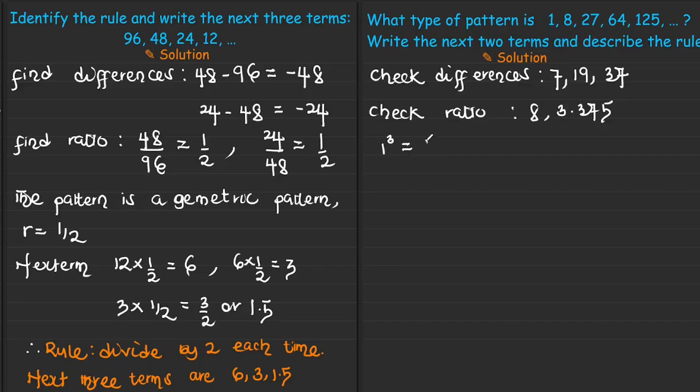And 1 cube gives us a 1. What of 2 cube? 2 cube on the other hand gives us what? An 8. What of 3 cube? 3 cube also gives us what? A 27. And it goes on and on and on. So you realize that the pattern we are looking at here is a perfect cube pattern.